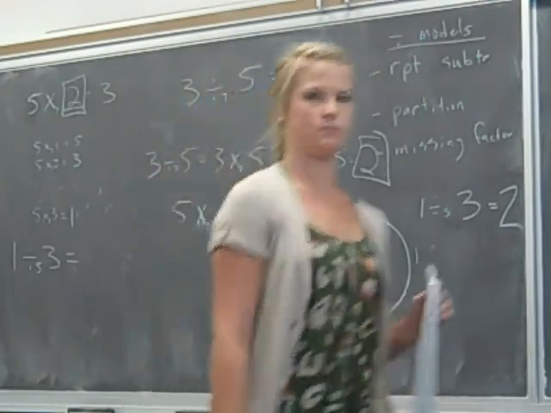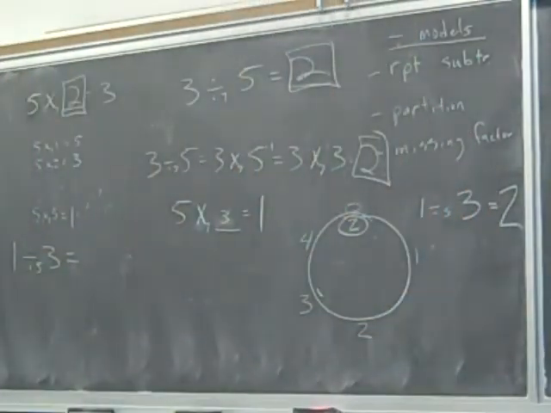Okay, she went backwards on the clock, starting at 1, jumped back in groups of 3 until she arrived at 0 and got 2. Okay, Devin?